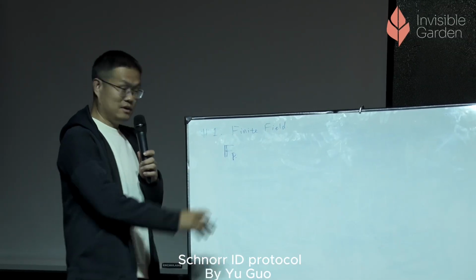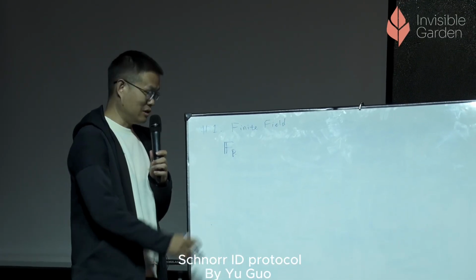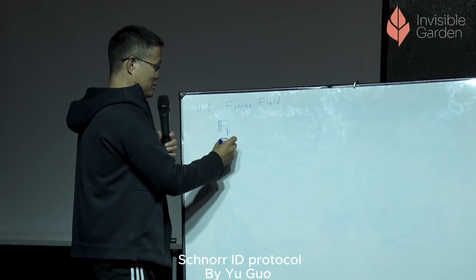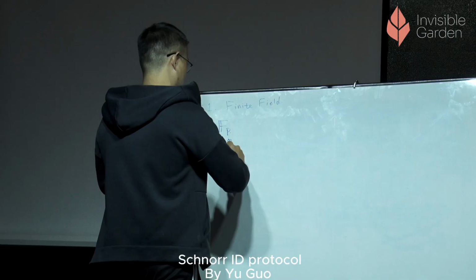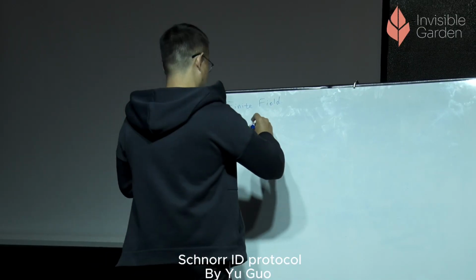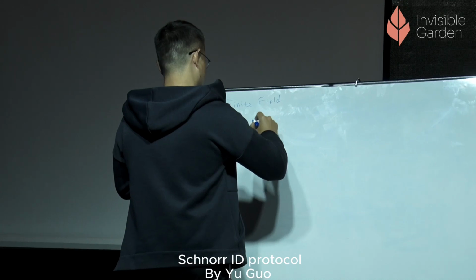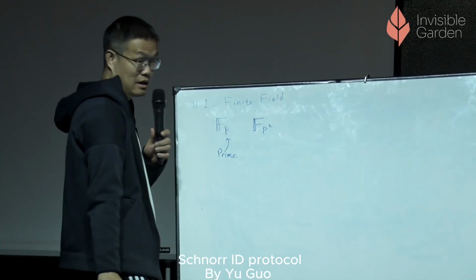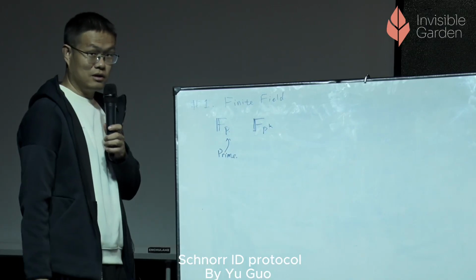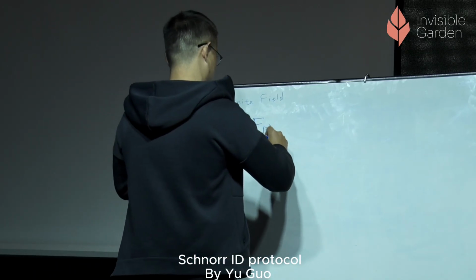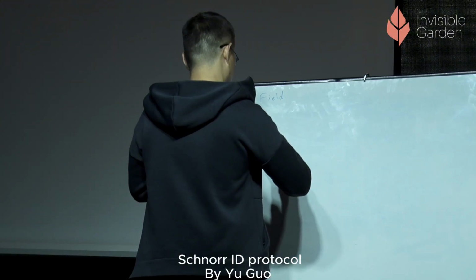The first type is like F_p, called a prime field, where p is a prime number. The other type is like F_(p^k), where k is the power of a prime number, called an extension field.